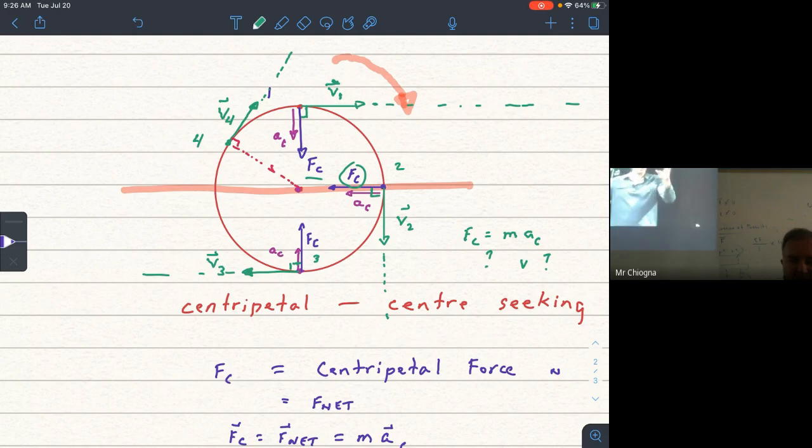We said that acceleration was delta V over delta T, but if I look at these pictures now, those triangles are similar. And if they are similar triangles, then I can write the following. Delta V over V is exactly the same as delta R over R. Now I can solve this for delta V. This part you'd know if you knew your geometry better.